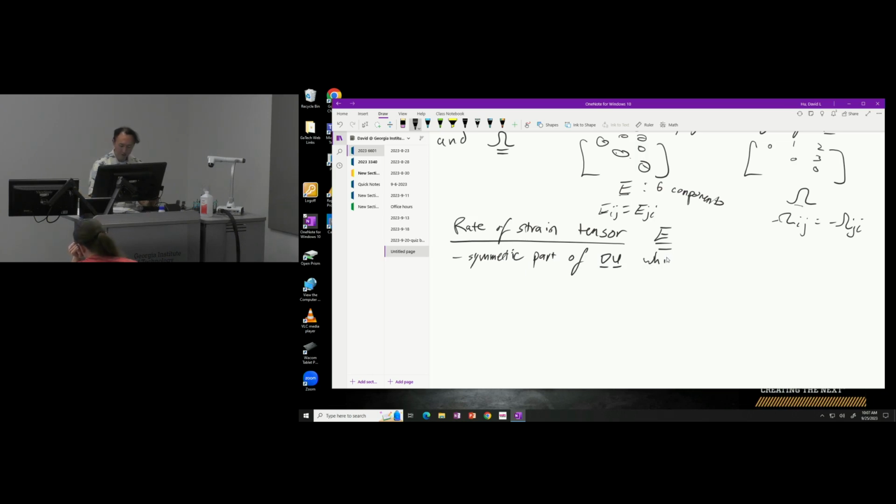And we've said that with Navier-Stokes, E, along with the pressure P, prescribes the state of stress in the fluid. We argued last time that omega, the antisymmetric part, just talks about rotation, but you don't have any relative motion between particles. E has all the information about relative motion.